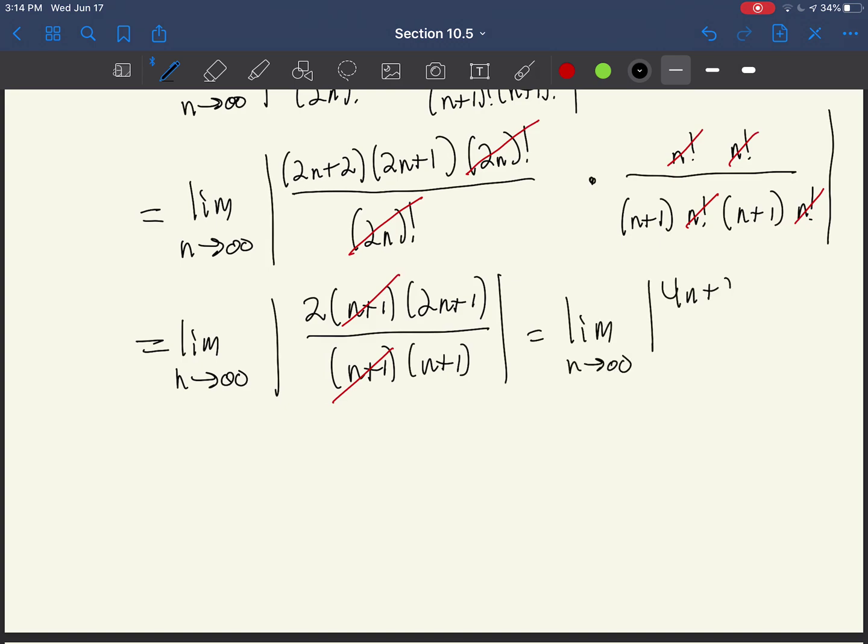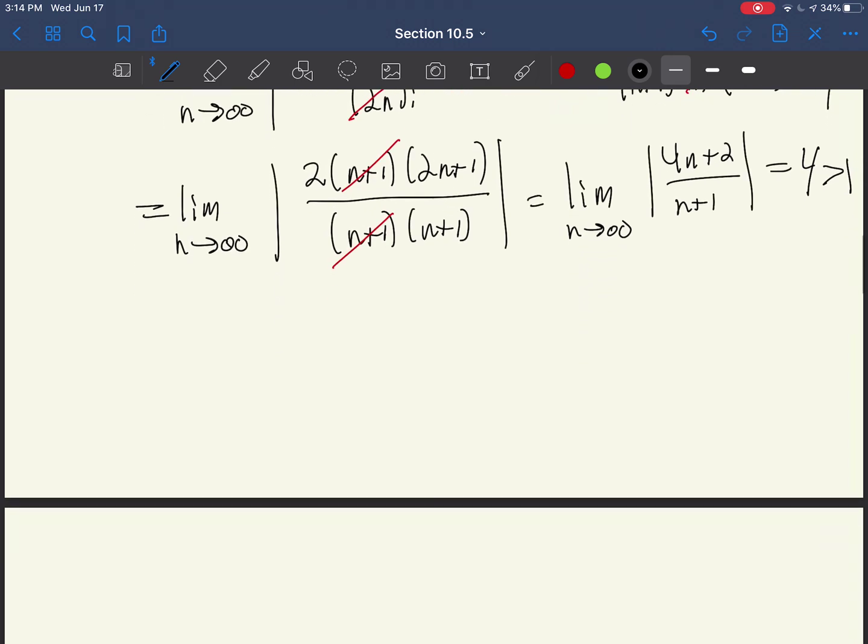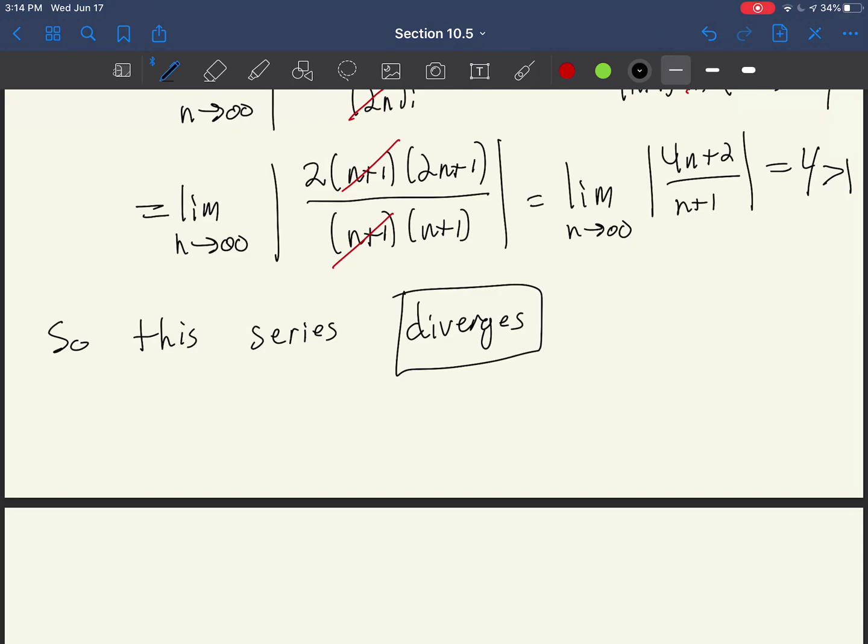So you get the limit as n goes to infinity of the absolute value of 4n plus 2 divided by n plus 1, which is 4. 4 is greater than 1, so the ratio test says that this series diverges.